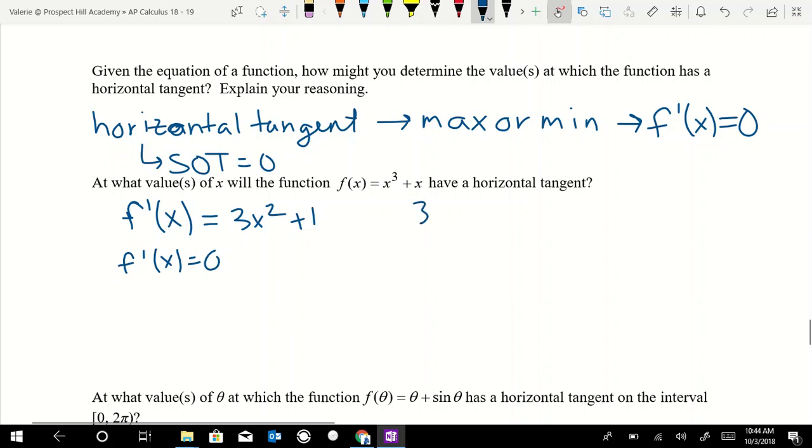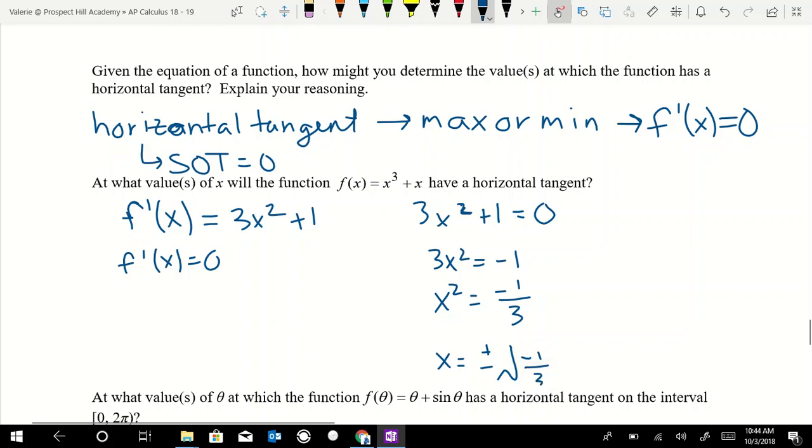So we'll have 3x squared plus 1 equals 0, and we'll solve from there. So we get 3x squared equals negative 1. x squared equals negative 1/3. So x equals positive or negative square root of negative 1/3.